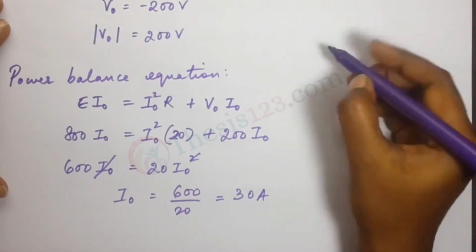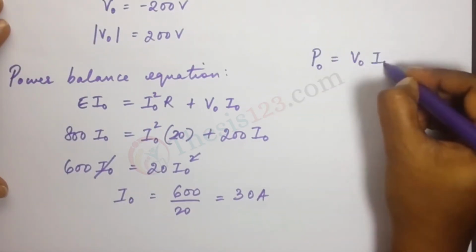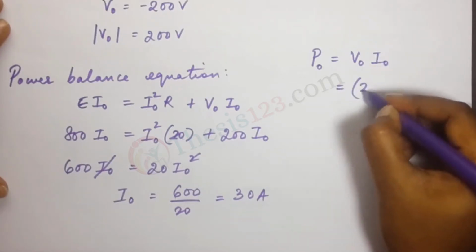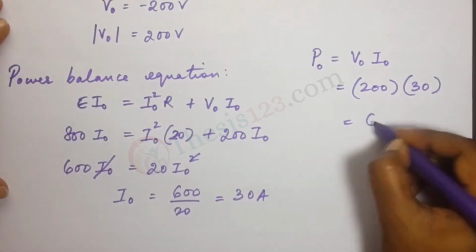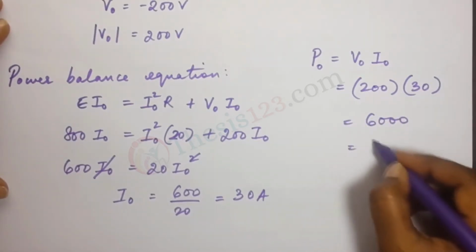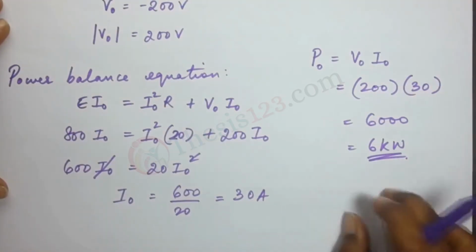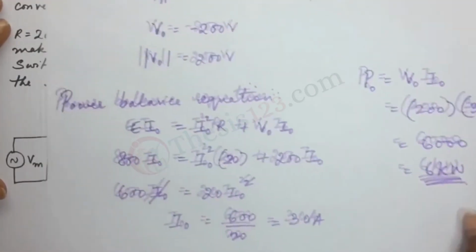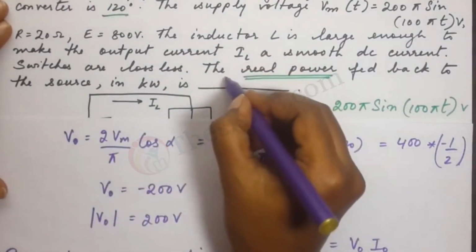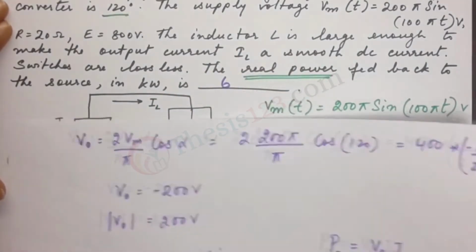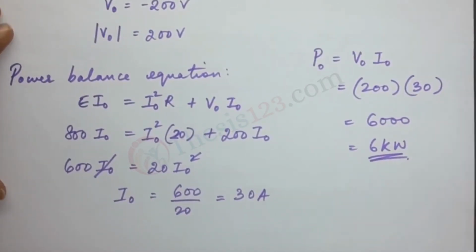Because we are finding out the real power, P0 is equal to a simple V0 I0. And that's 200 into 30, 6,000, which comes to 6 kilowatt. That's about it. It is in terms of kilowatt, so the answer is 6. Well, I hope this generalization has helped.